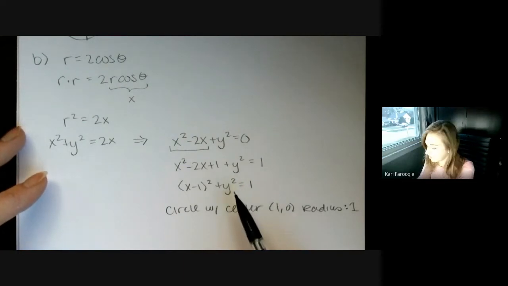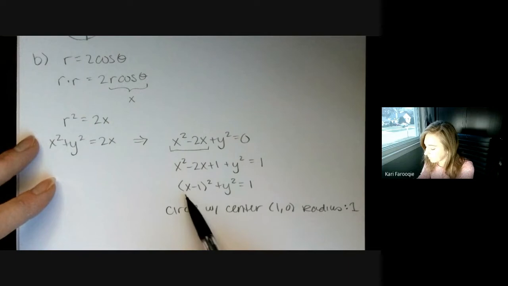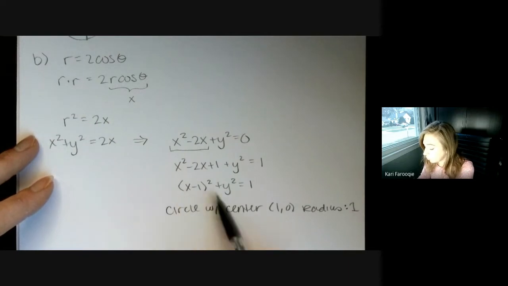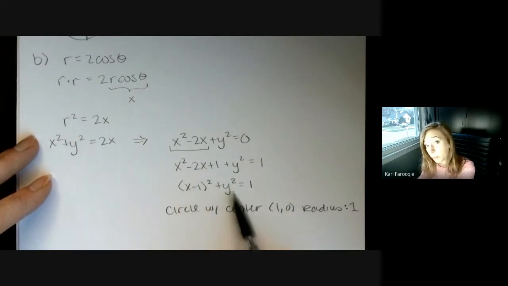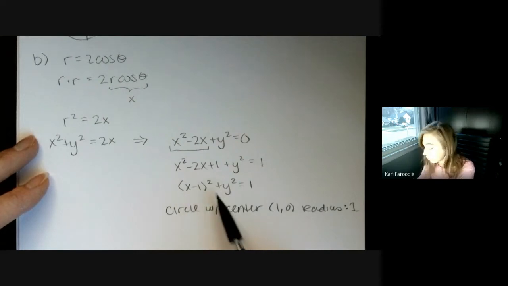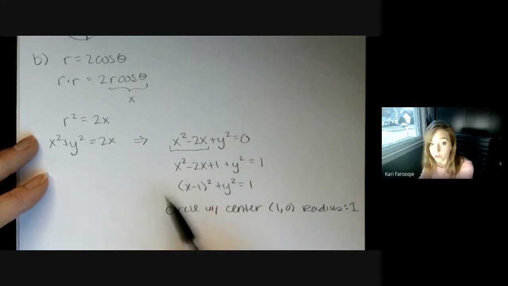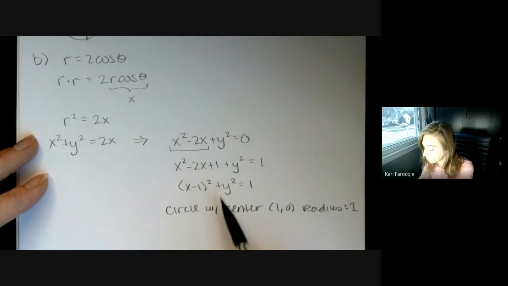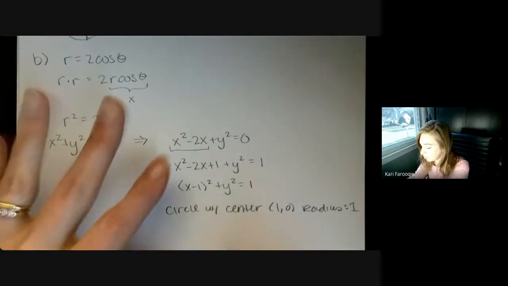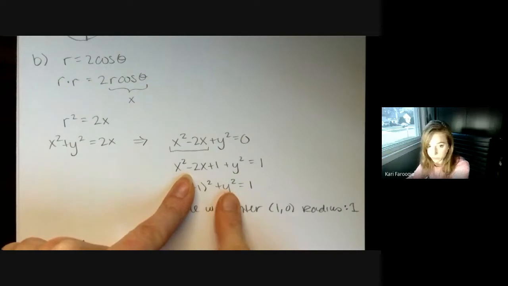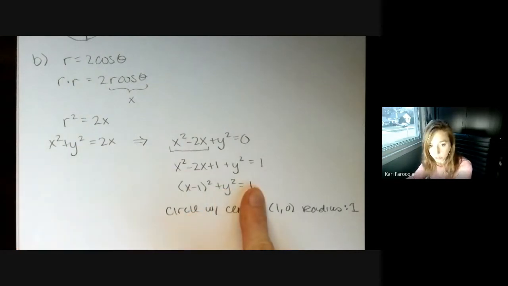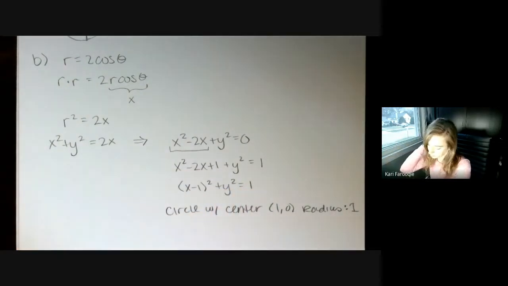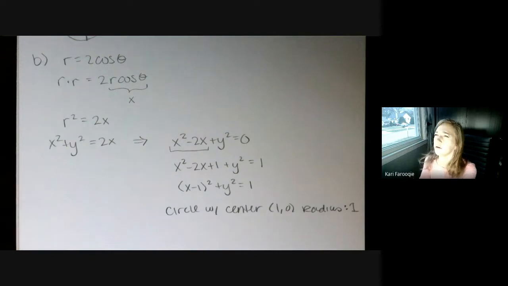Well, maybe that's not necessarily the case, but it would be an ellipse if you were dividing by a different number in each one of these terms, or if one of these terms had a coefficient on it. For a circle, you're always just going to get the variables squared plus the variables squared equals some number. That'll be your circle. I don't even think you're going to be seeing ellipses in here, even when we talk about area.